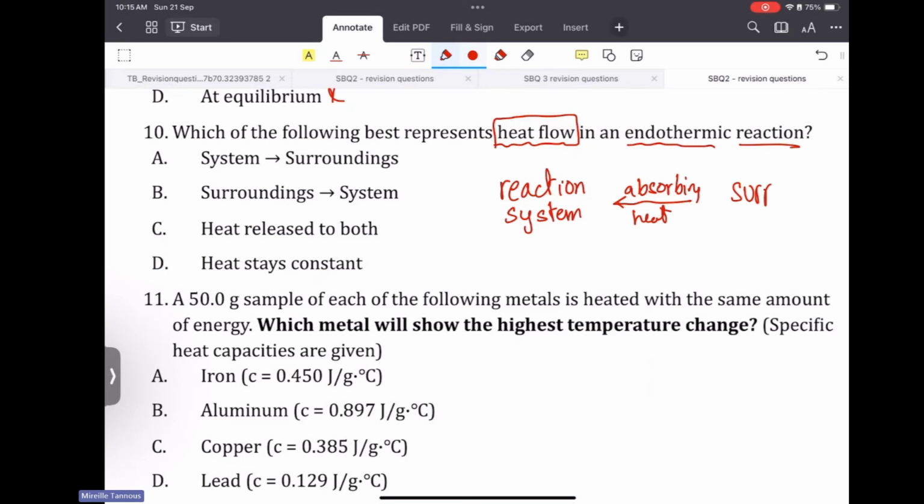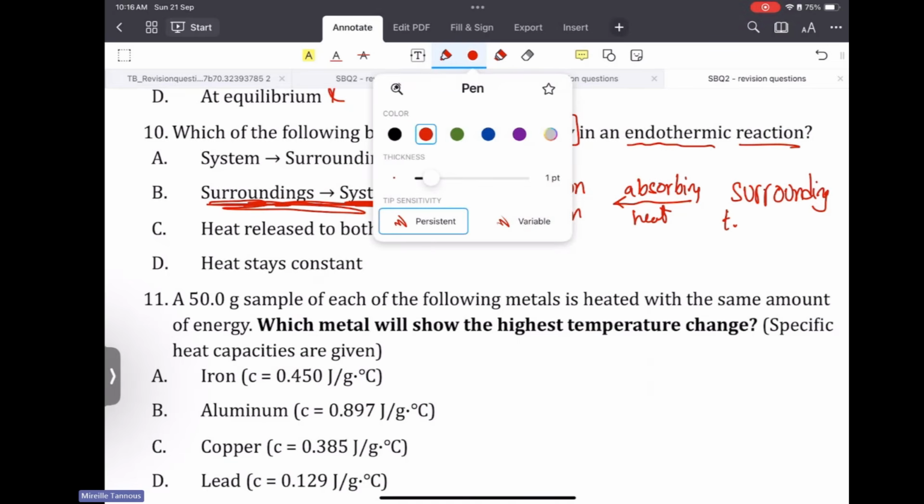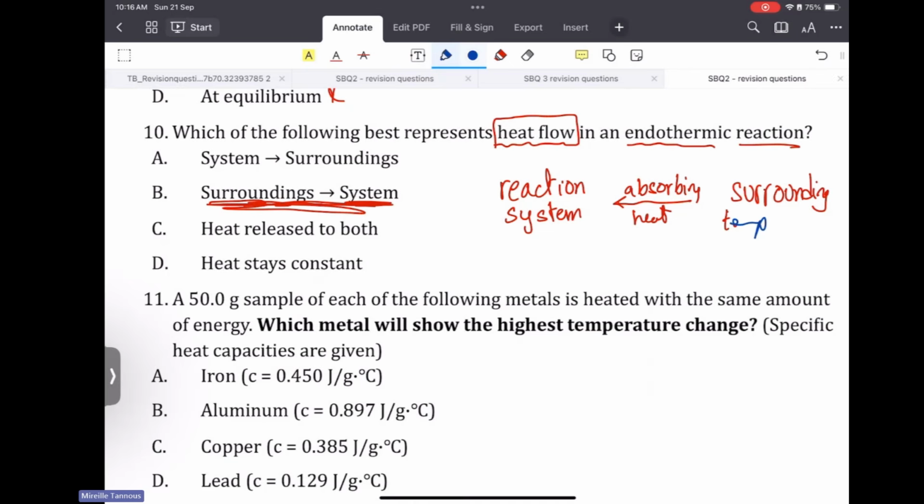From everything around it. So from the surrounding. So it's from the surrounding to the system. It's this one. And in an endothermic reaction, reaction absorbing heat from the surrounding, the temperature of the surrounding, what you feel, the temperature will drop.